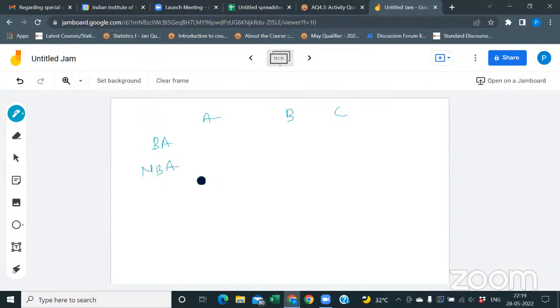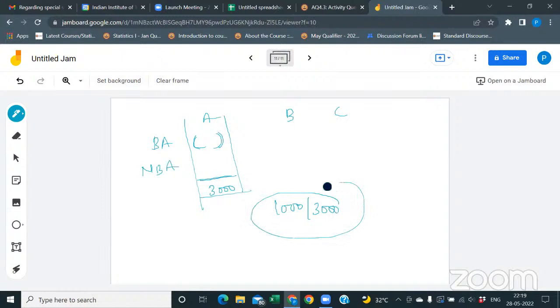So it is asking you to find the relative frequency corresponding to the website A. What is the relative frequency of bought item corresponding to the website A? You have to do 1000 divided by 3000.